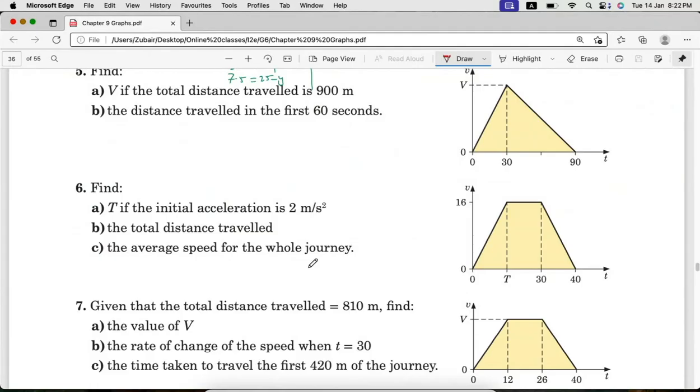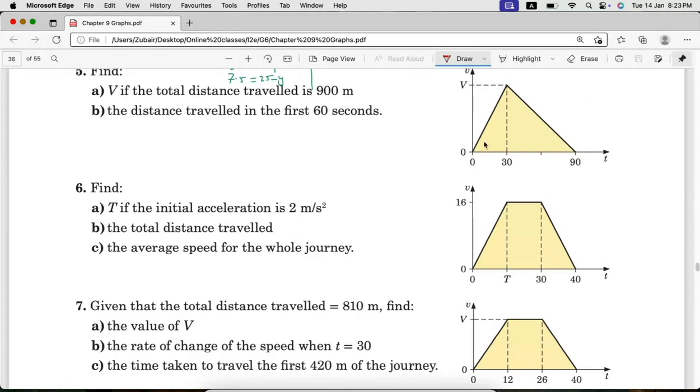We will take V as the subject and look for the area of the triangle. We will do 1 by 2 times 30 times V.